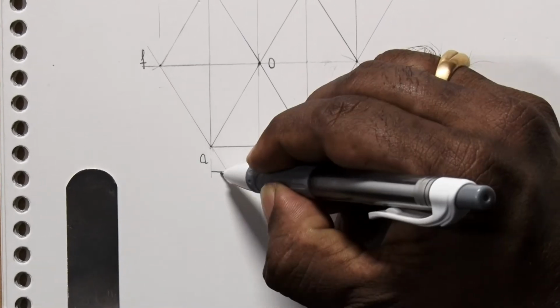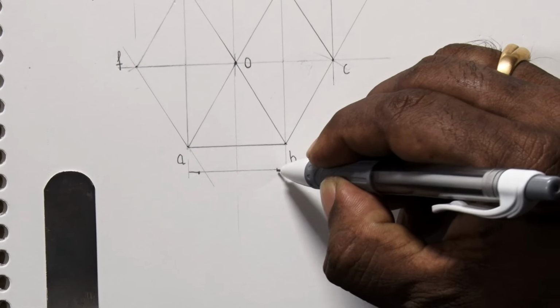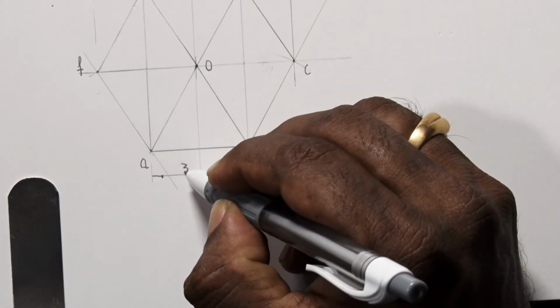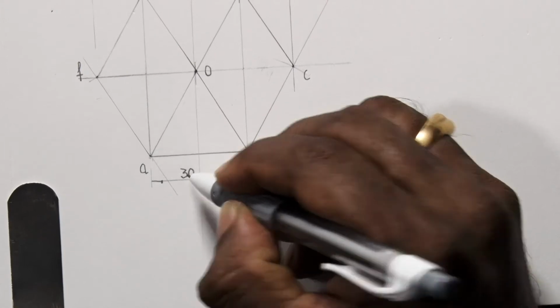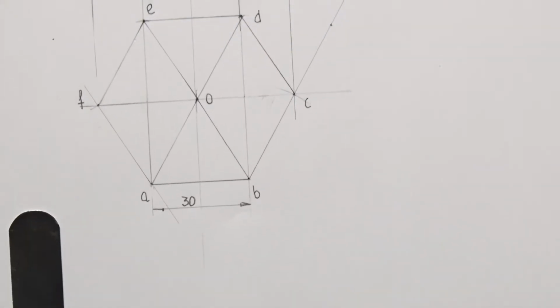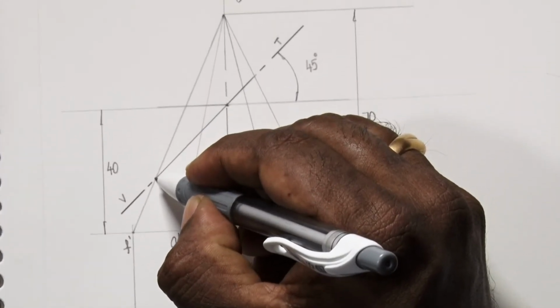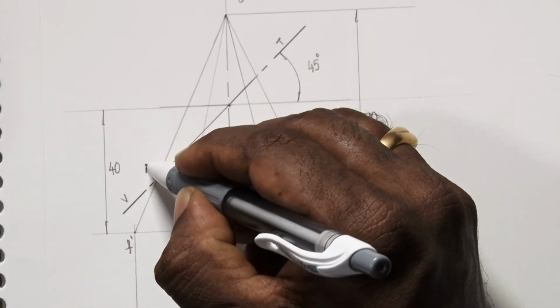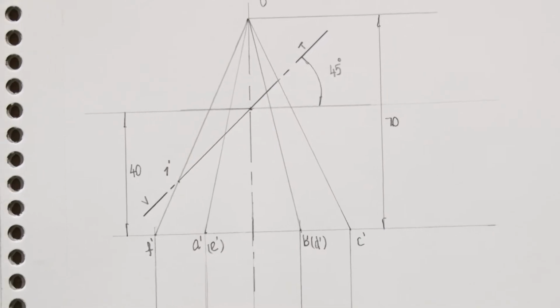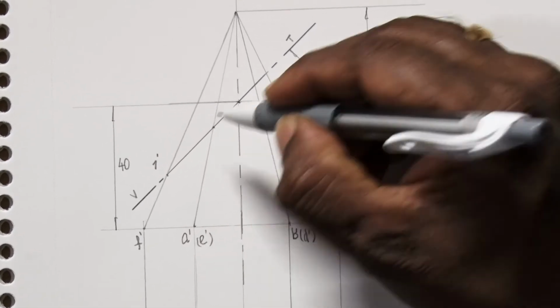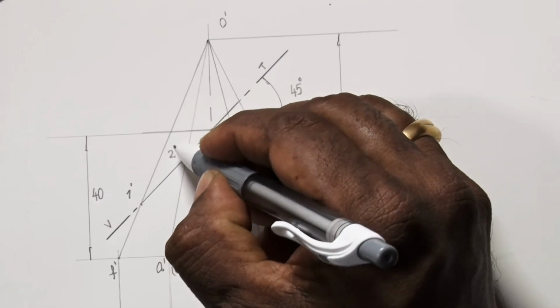Now we have to plot the points on the cutting plane. We take the first generator O dash F dash, and the point on the cutting plane as 1 dash, and in the second generator O dash A dash we mark it as 2 dash.